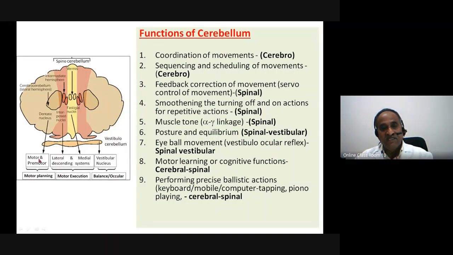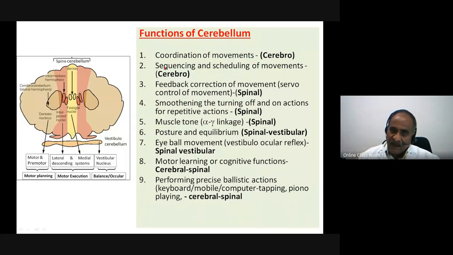The planning is in terms of the sequence, the timing, and the association of other things. This is the cerebral component. It is performed by the cerebrocerebellum, the coordination of the movement. Every movement has to be, that is, the contraction of the muscles should come one after another as a matter of sequence.